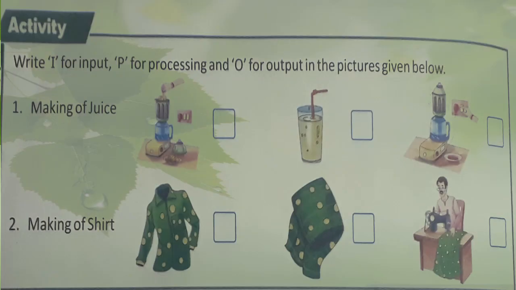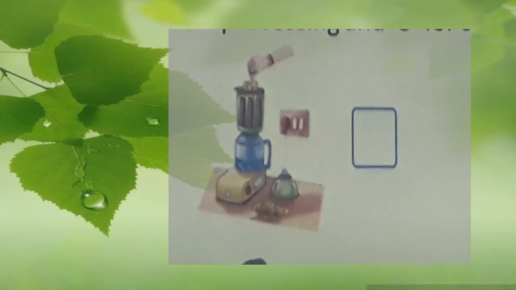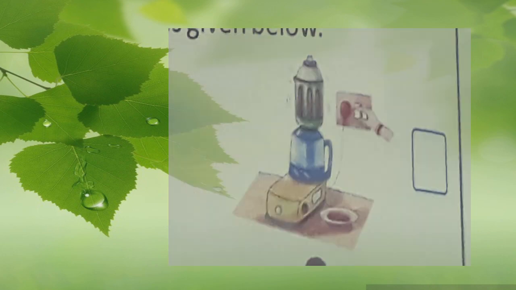First one, making of juice. First step is adding fruits. So the first picture we have to write I, adding fruits, that is the input. Now switching on the power, that is the second step.